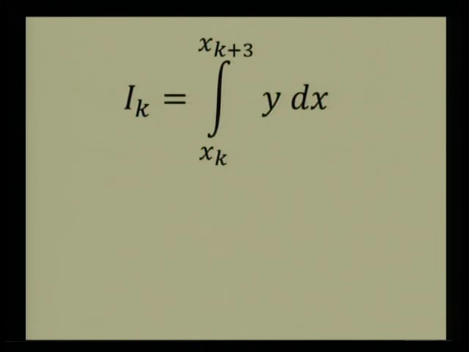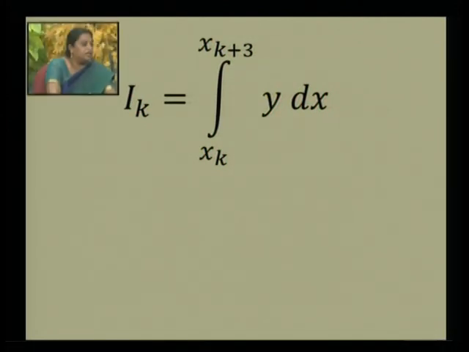In order to find the integral of these 3 strips, we would be using the integral from xk to xk plus 3, because now there are 4 points, xk, xk plus 1, xk plus 2, and xk plus 3. So we would now be integrating y of dx from xk to xk plus 3.